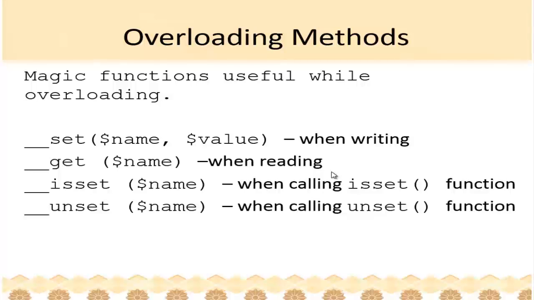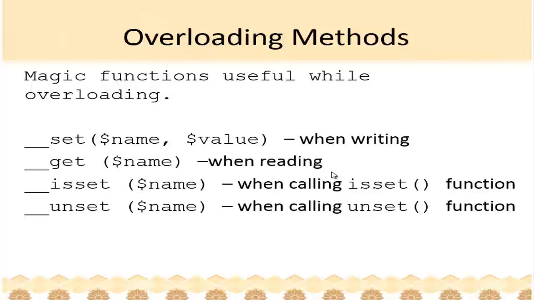We use the getter and setter, and we use isset and unset. isset is used to verify whether something is there or not. Remember, this is the magic method within your class, underscore underscore isset and underscore underscore unset.